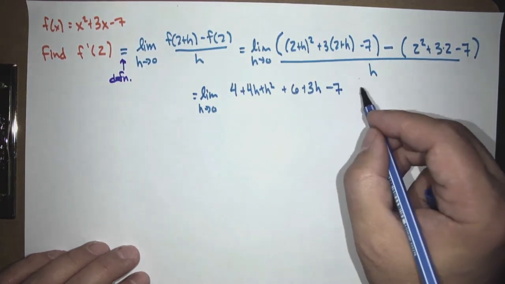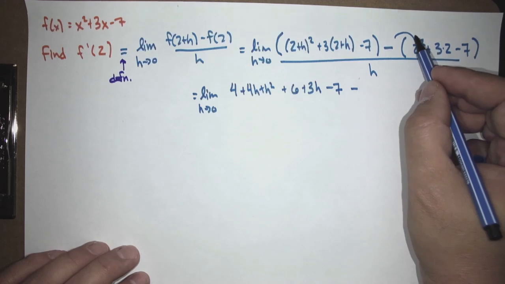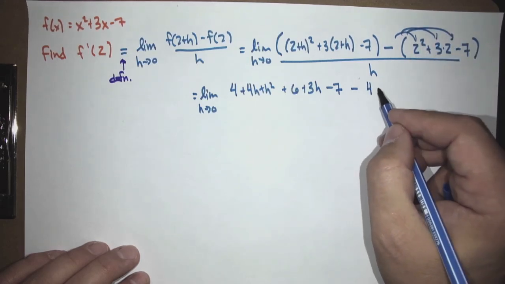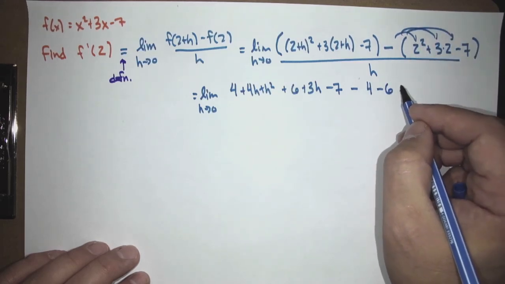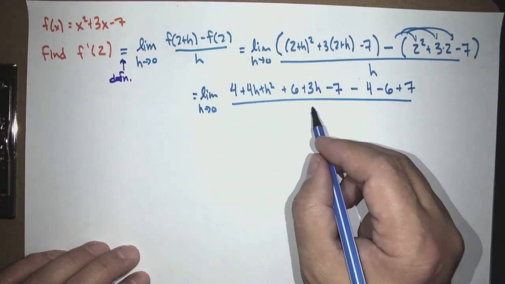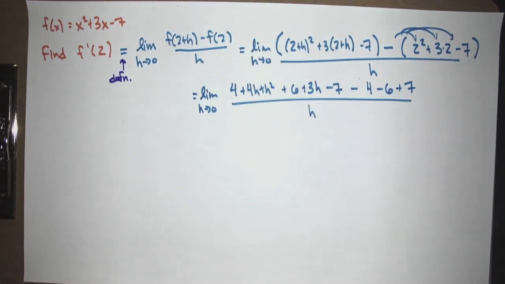Then we're going to subtract. And the subtraction goes through. So we're going to have 4 minus 6 plus 7, all over h. What can we do now? Add like terms.